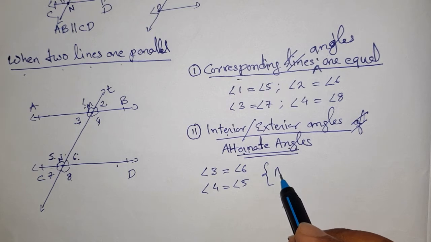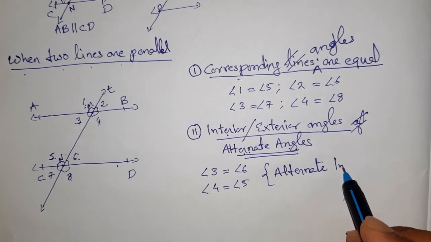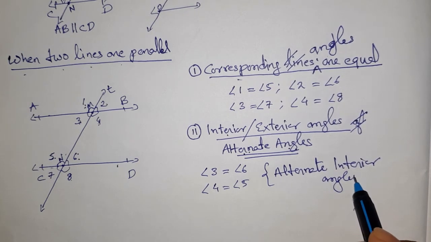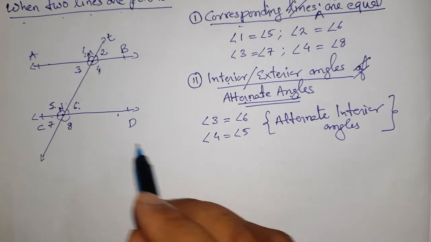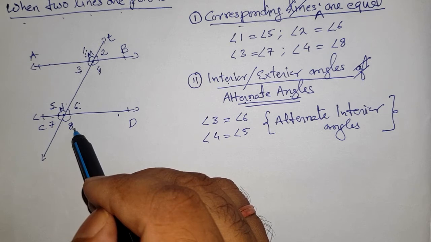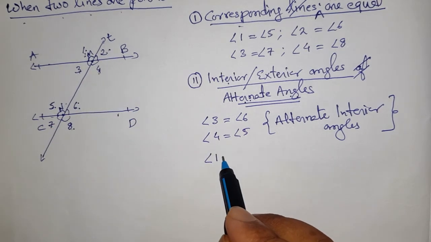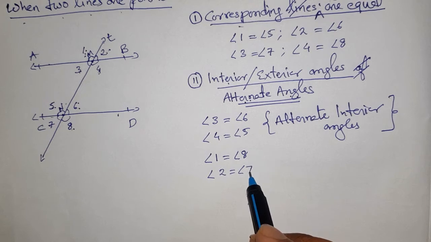They are alternate interior angles. Then you will find angle 1 and angle 8, angle 2 and angle 7.